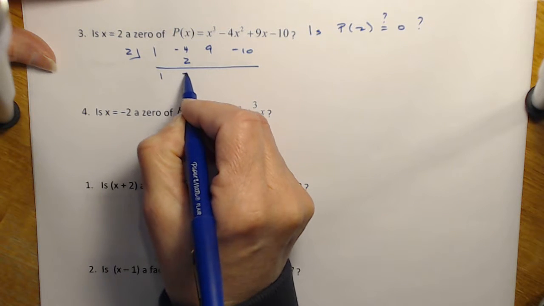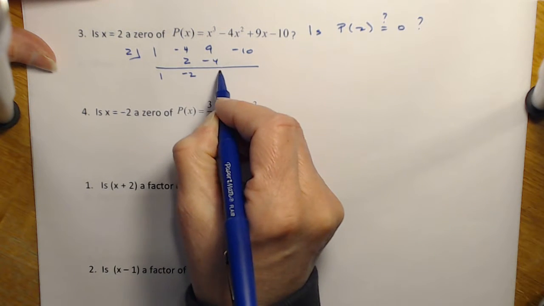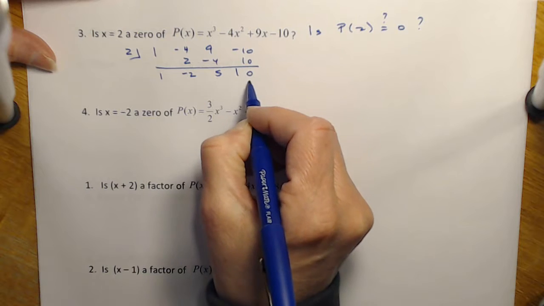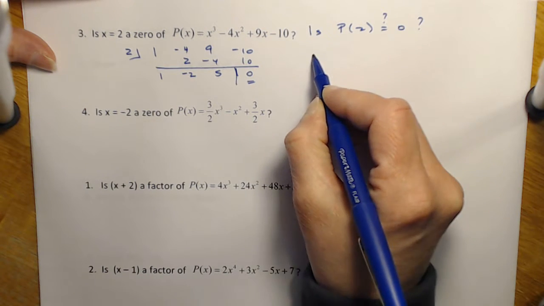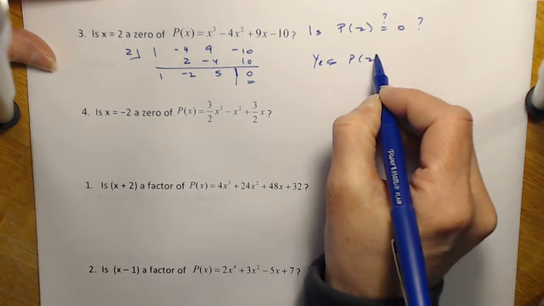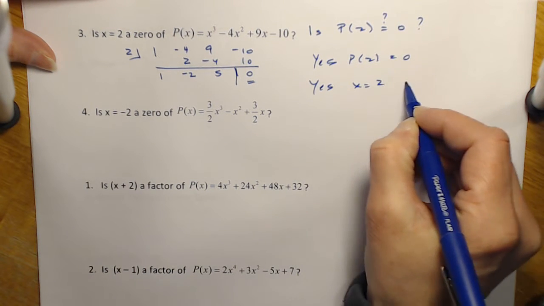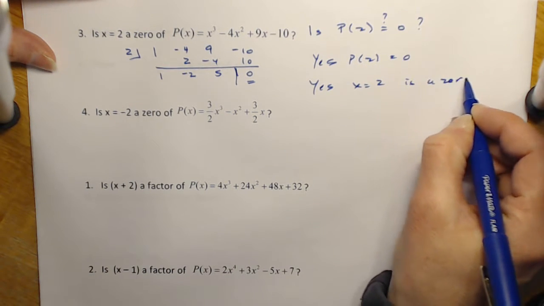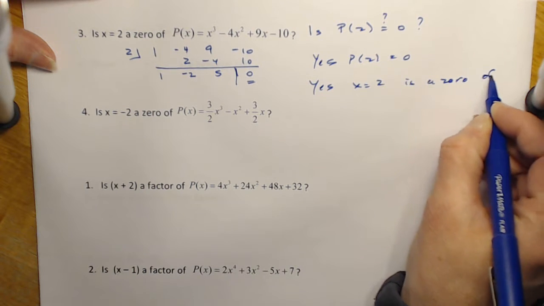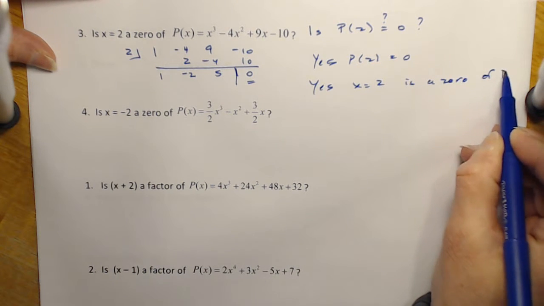Multiply, always add coming down. Multiply. We get a remainder of 0. So in fact, yes, p of 2 equals 0. And yes, x equal to 2 is a 0 of p of x.